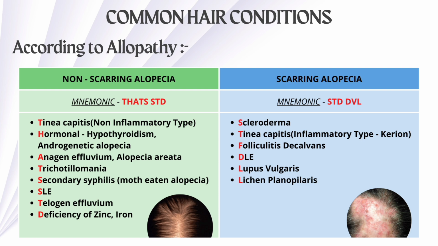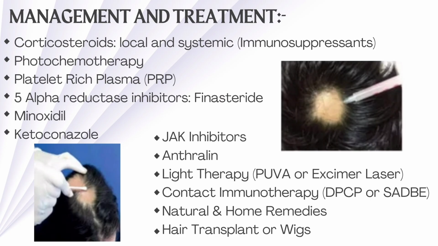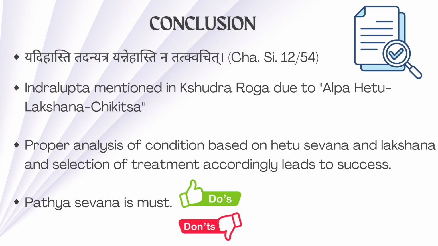Scarring alopecia includes scleroderma, tinea capitis inflammatory type, folliculitis decalvans, etc. Management and treatment for alopecia are corticosteroids, photochemotherapy or light therapy, platelet-rich plasma, 5-alpha reductase inhibitors, minoxidil, ketoconazole, JAK inhibitors, anthralin, contact immunotherapy, natural and home remedies, hair transplant or wigs.